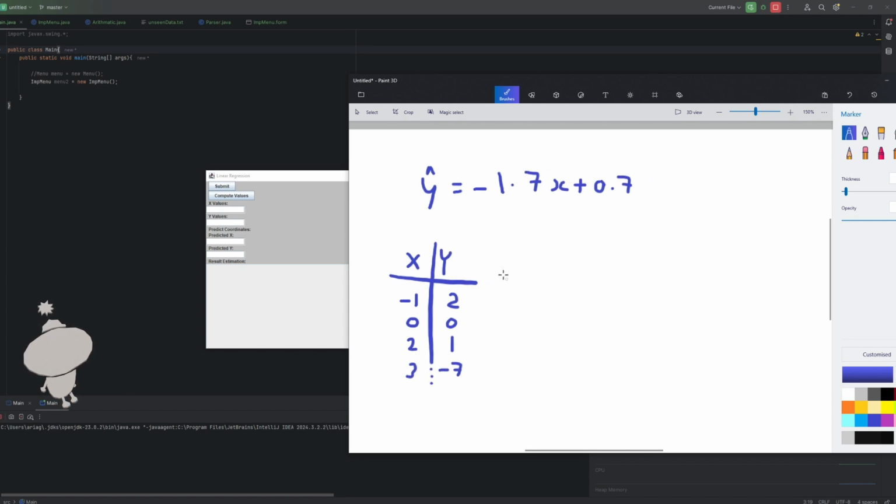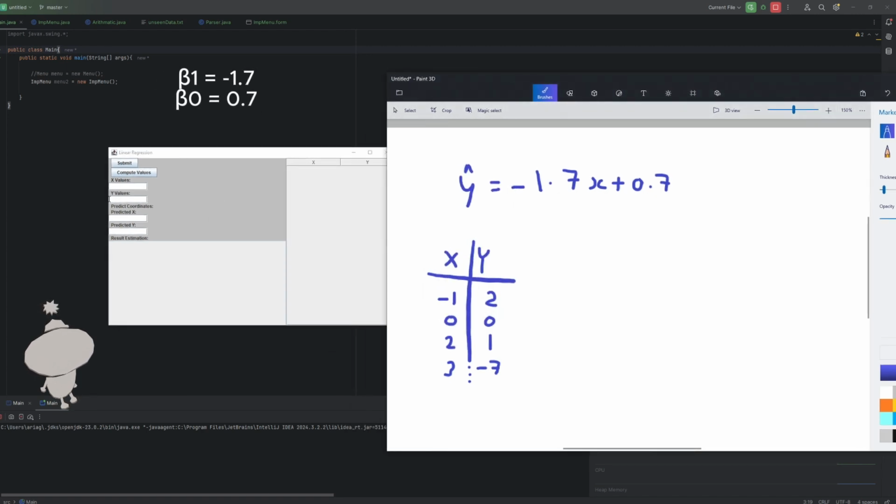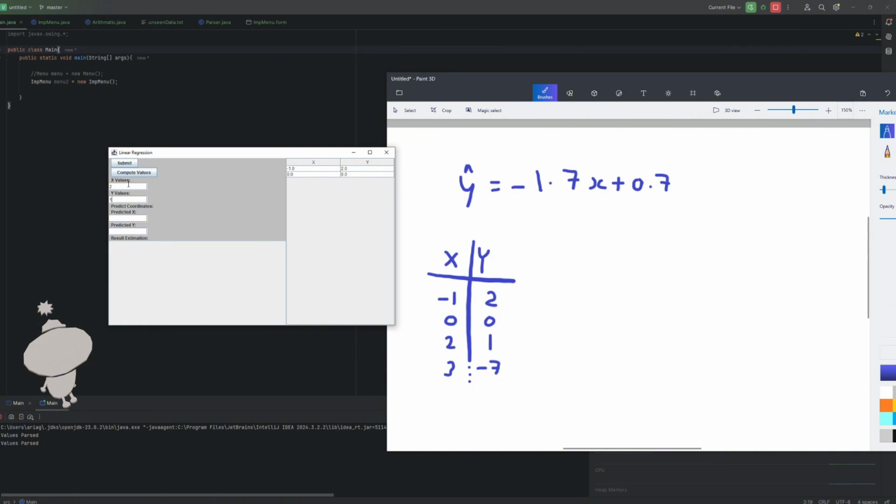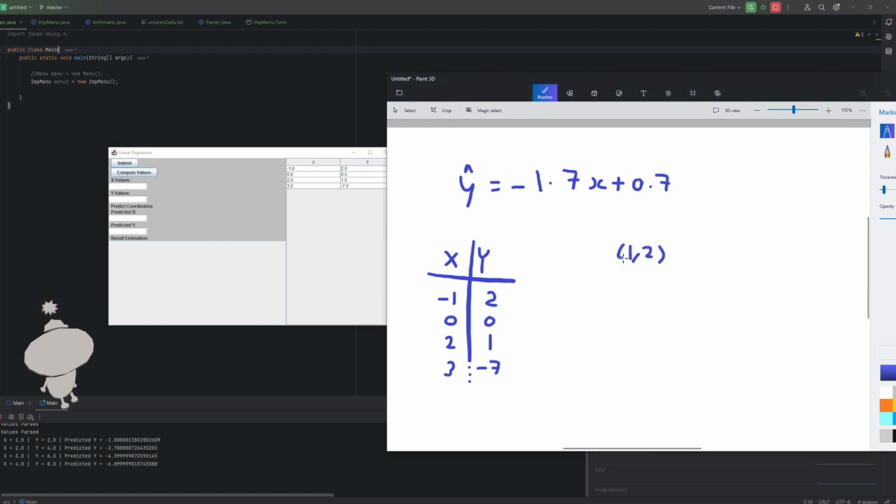So, if we were to now go over here and feed in these exact points, let's say again, minus 1, 2, 0, 0, 2, 1, 3, minus 7, and compute this, we will get our estimation from the set of coordinates that we previously talked about, 1, 2, 2, 4, 3, 6, and finally 4, 8.